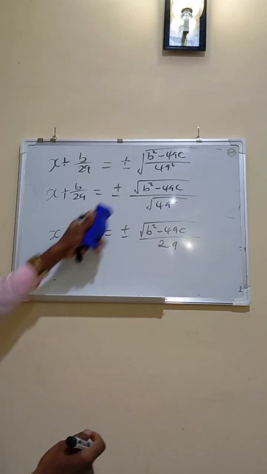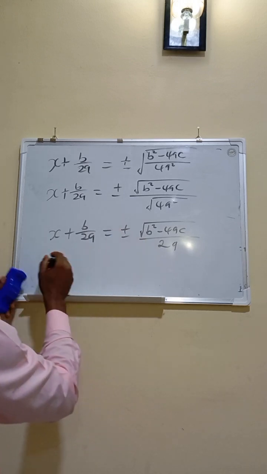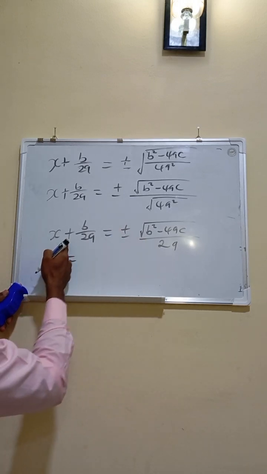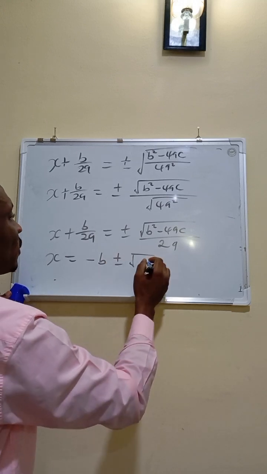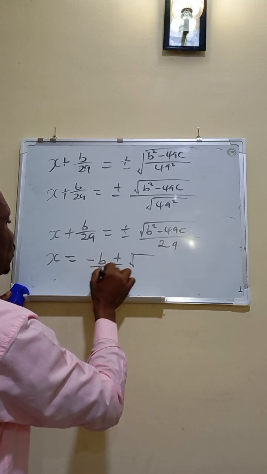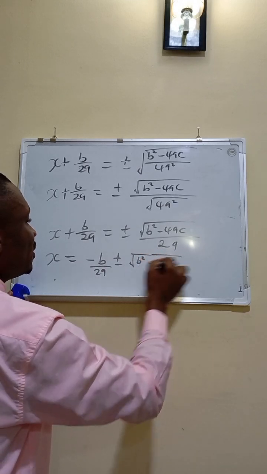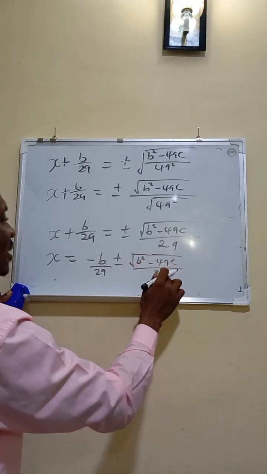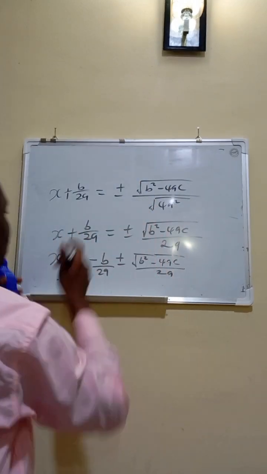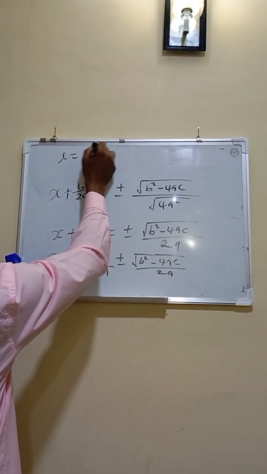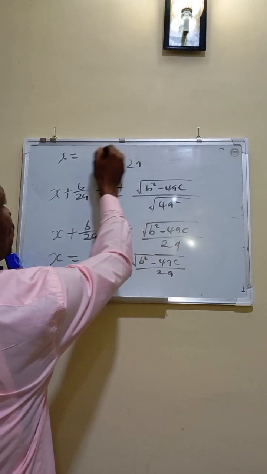Then you move this one to this side. You collect like that, move this one without x to this side, you now have x equals, when a plus crosses, it becomes negative, minus b over 2a plus or minus the square root of b squared minus 4ac all over 2a. So the LCM of these two is 2a, you rule your line.